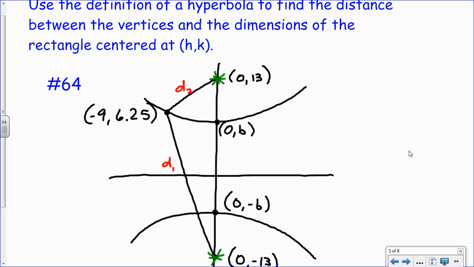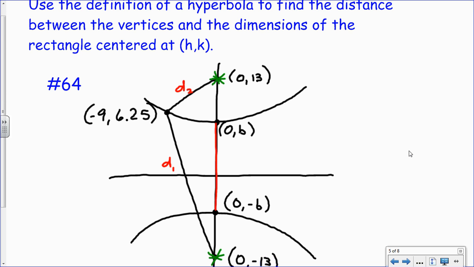Okay, so I have to find K because I want to know B, right? I want to know the distance between the vertices, so I'm looking for this whole distance.